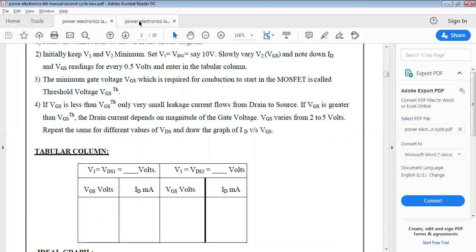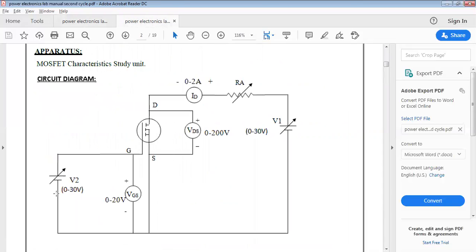If we come to the circuit diagram, I am going to increase the voltage between gate and source, indicated by this voltmeter, step by step with an increment of 0.5 volts by using this potentiometer, which is used for varying the voltage of source V2.